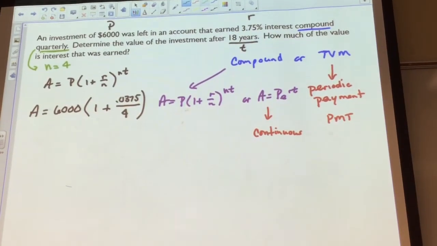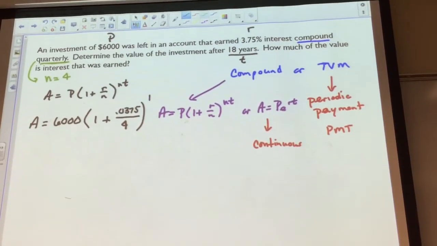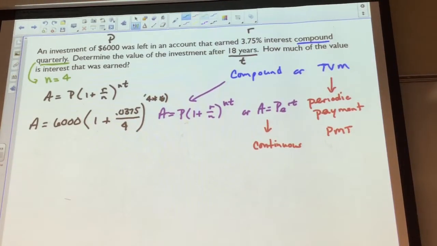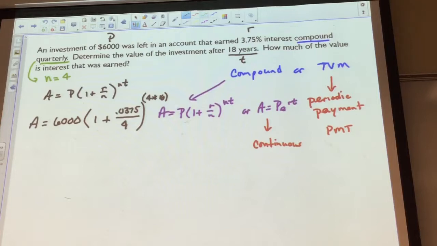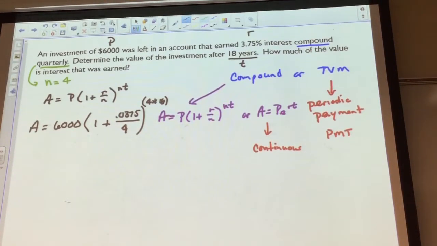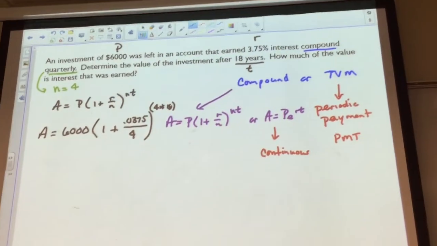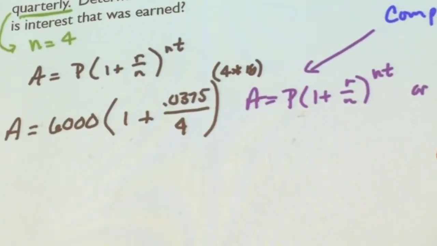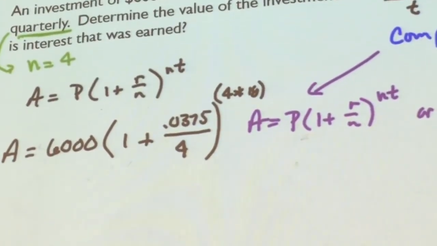And I get that 4 times a year for 18 years. And on most of our calculators, the older 83s or the older 84s, where it doesn't build the exponent, you'll need that grouping symbol. Now it's an easy calculate problem.